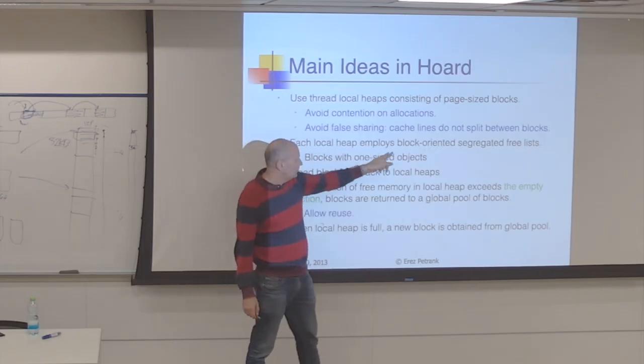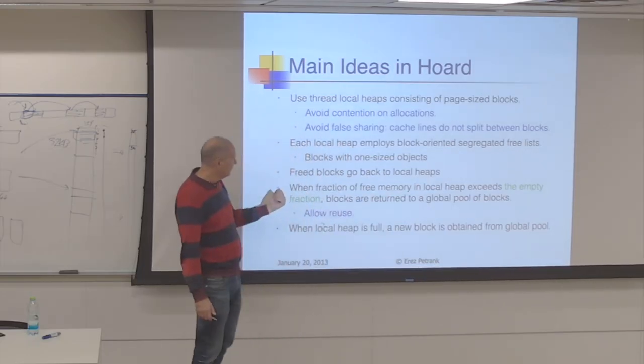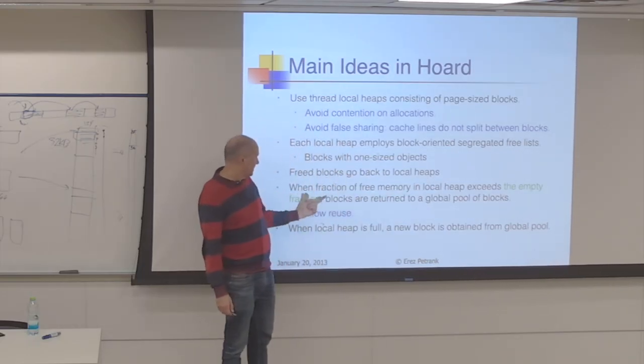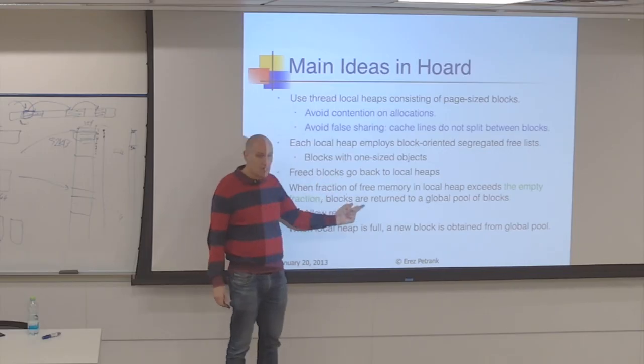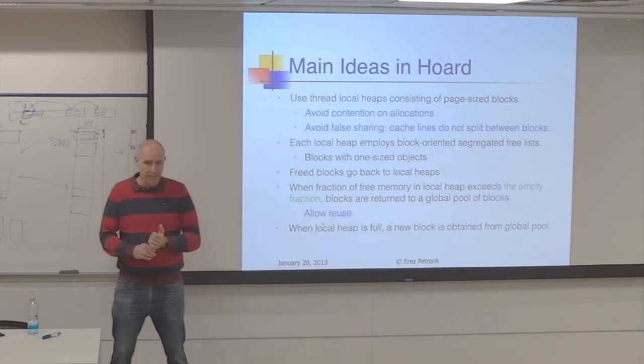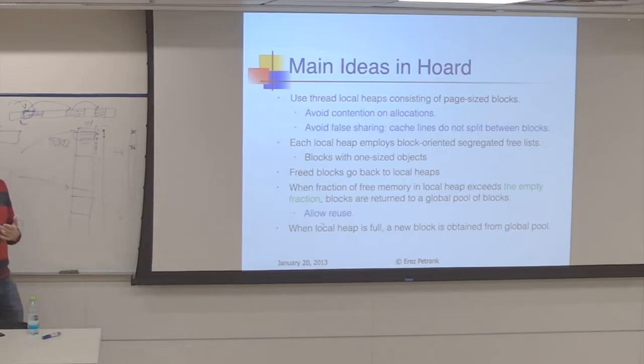Local heaps, block-oriented segregated free lists. This is like we studied before. Blocks go to local heaps when fraction... So this says I don't want to waste space because one thread keeps on taking all the heaps.